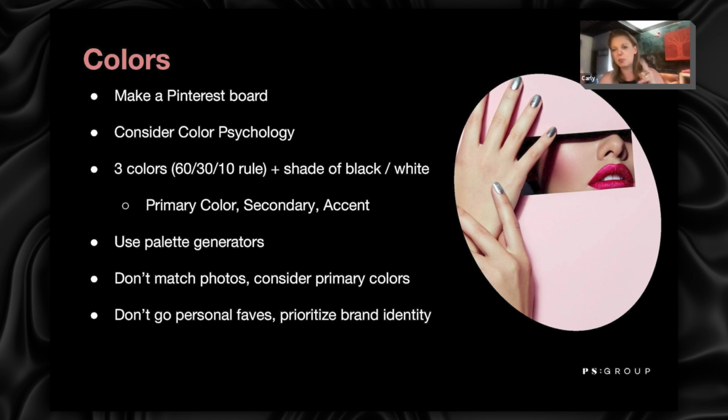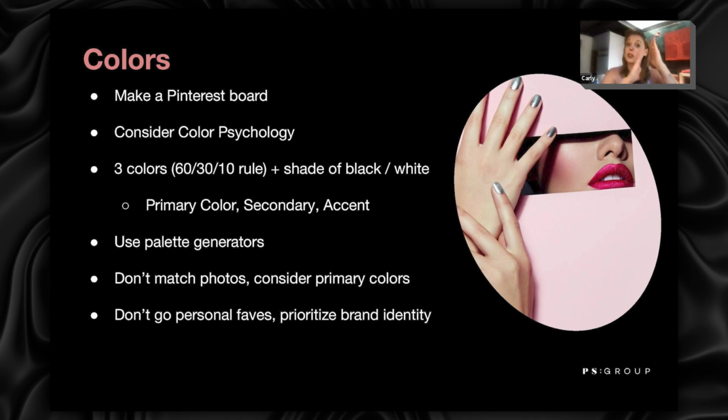You want to keep in mind the 3-color rule, which is 60-30-10. So plus a shade of black, a shade of white. With blacks and grays, you don't usually want to go pure black and gray. It's much more interesting and a little less garish if you have a slight hue of black and white. It doesn't have to be pure black, pure white.